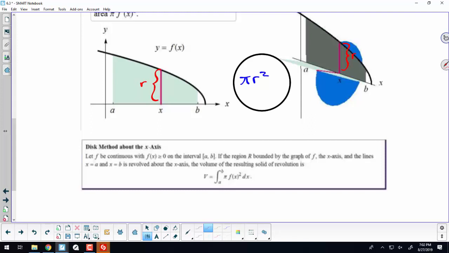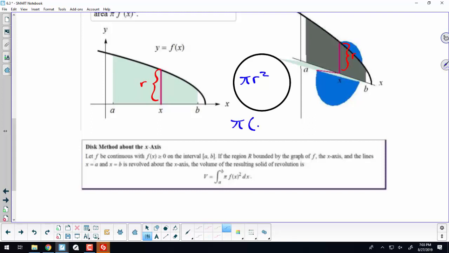So then we're back to the question, how do I measure that distance? How do I measure r with a vertical element? It's just the top minus the bottom again. That hasn't changed. Here, the top is f of x. The bottom is 0. So the radius is just f of x.